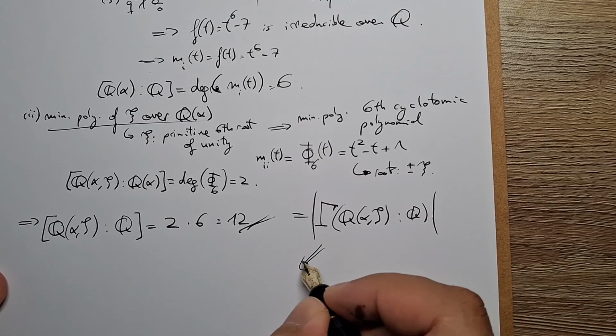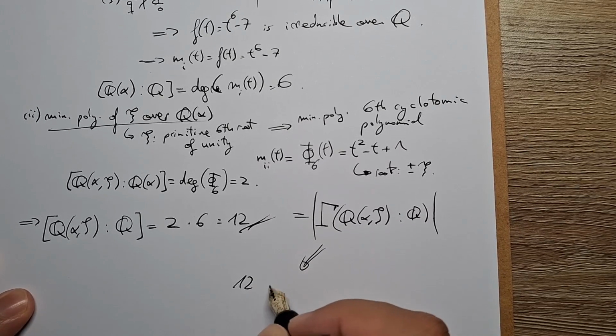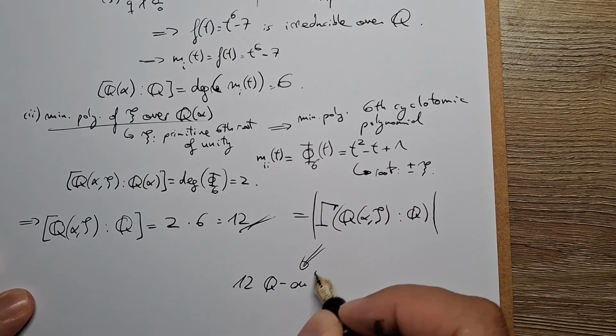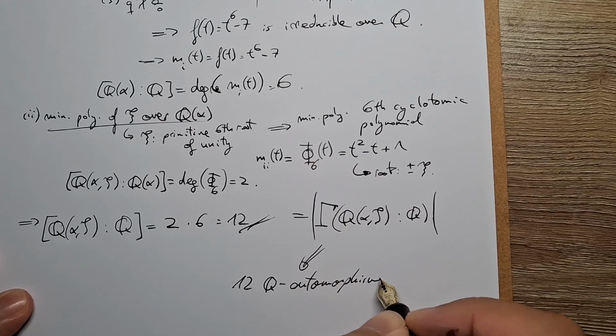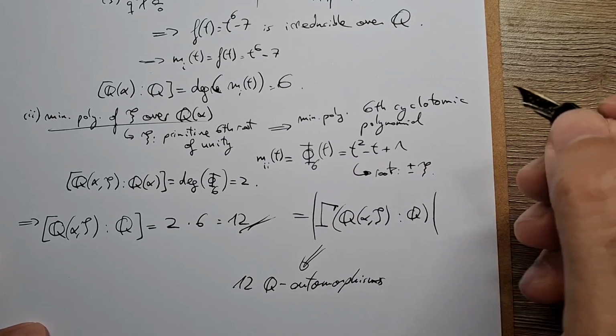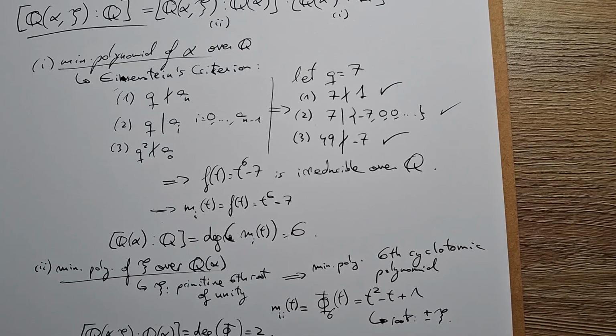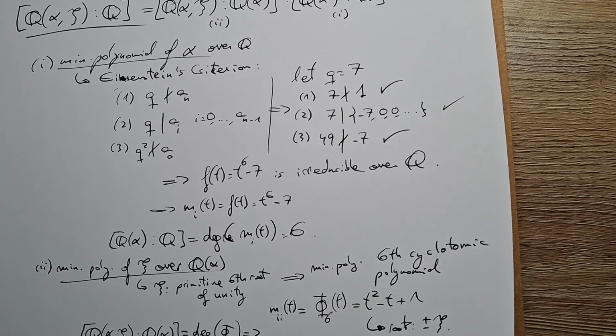And what this tells us is that we will have 12 Q-automorphisms of this group, which we are going to find now, turning the page.